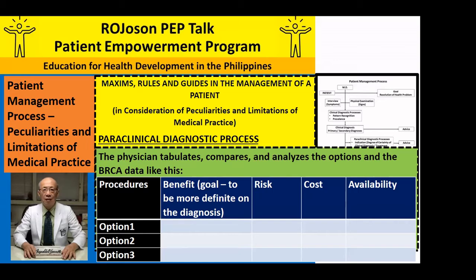B stands for benefit, R stands for risk, then C, cost, then availability. Putting priority on benefit, then risk, then cost, availability, in that descending order.